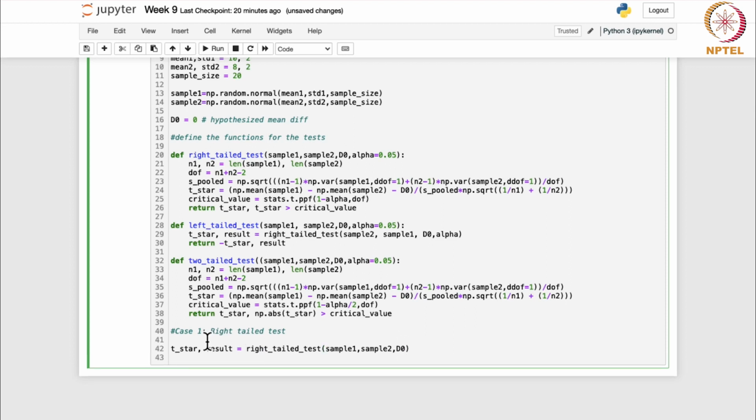Sorry, here is an extra bracket, probably that is why it's giving an error.